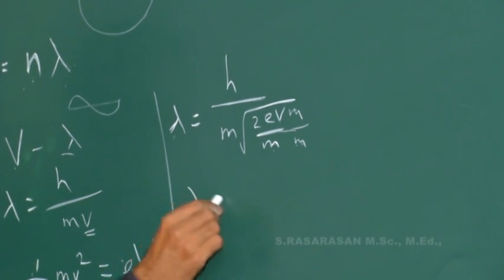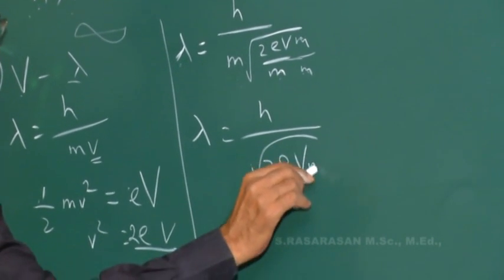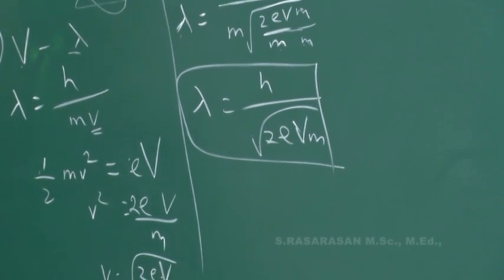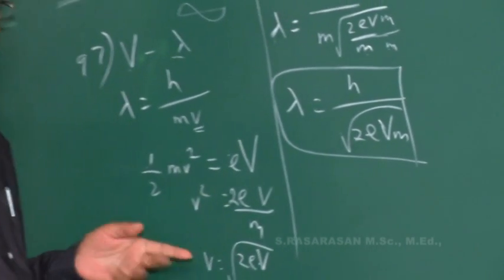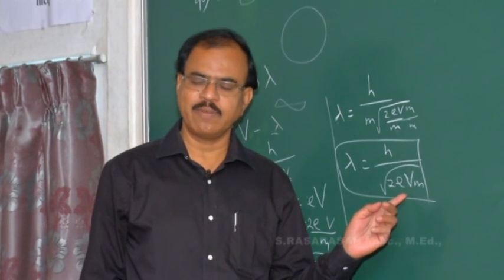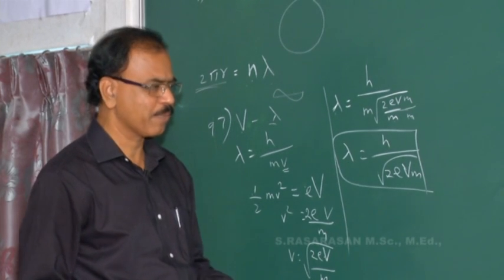What is the net result? h by root of 2eVm. So the de Broglie wavelength is given by the expression lambda equal to h by mv in terms of velocity, or lambda equal to h by root of 2eVm, where V is the potential difference, the accelerating voltage.